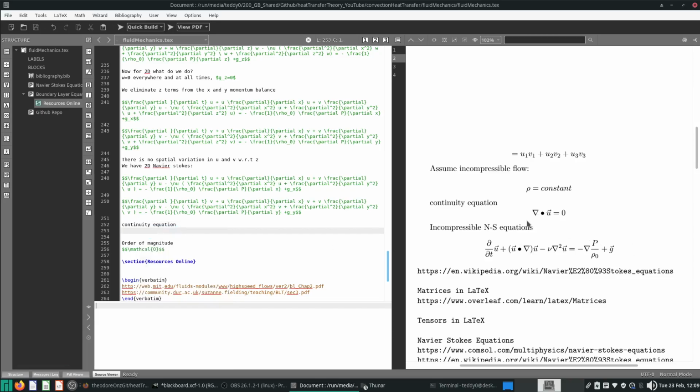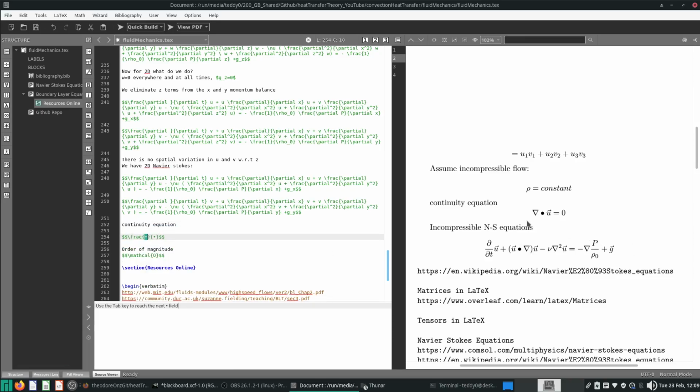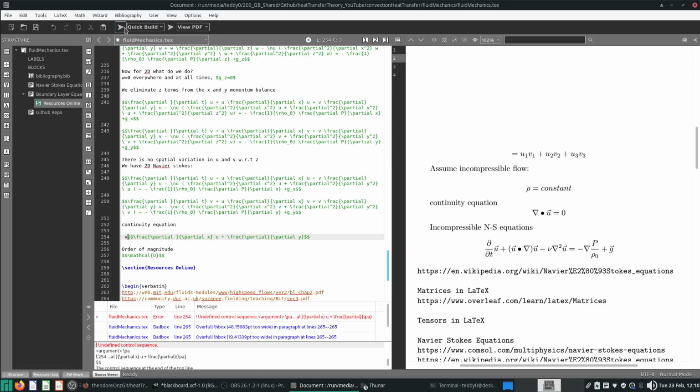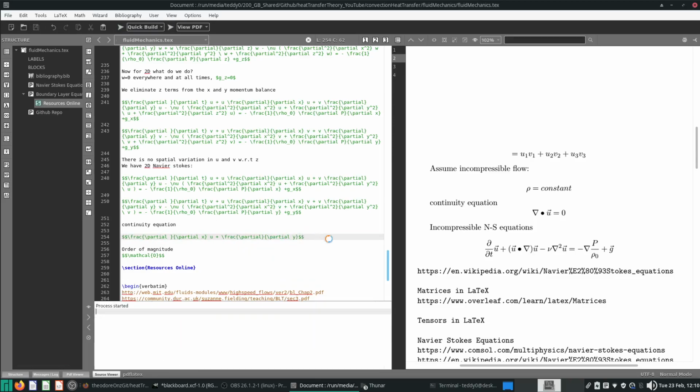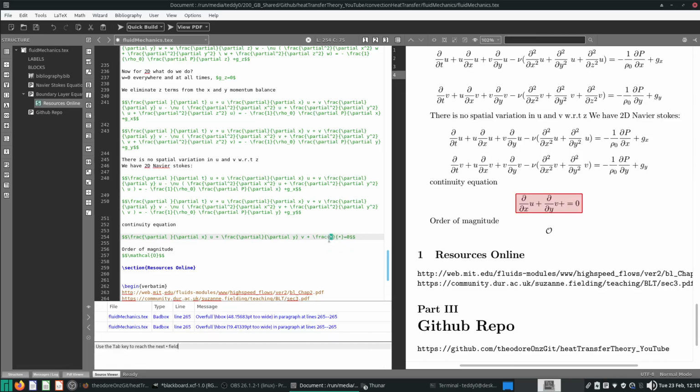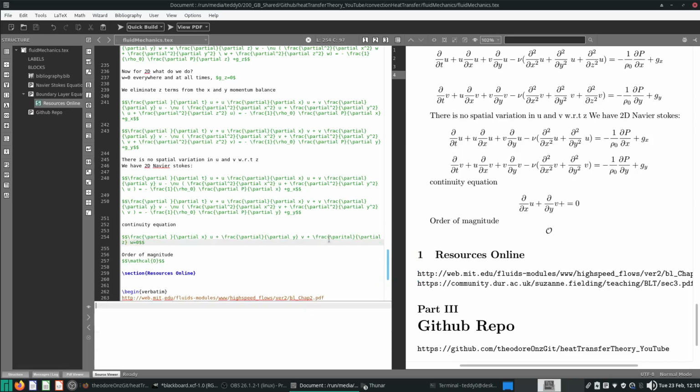Basically this continuity equation is partial u by partial x, this is the divergence term, plus partial v by partial y, and of course you have the z velocity as well, which is w, plus partial w by partial z. All of this will be equal to 0.